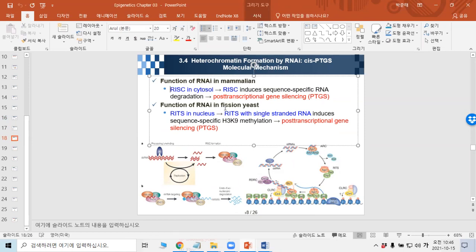However, in fission yeast, they make the RITS complex in the nucleus. But finally, both of them make post-transcriptional gene silencing. This happens in the cytosol, and this happens in the nucleus.